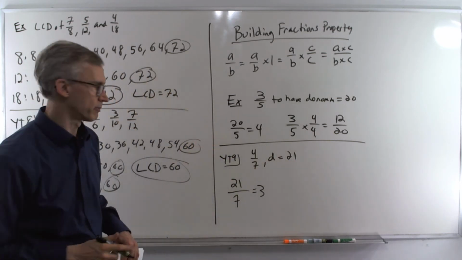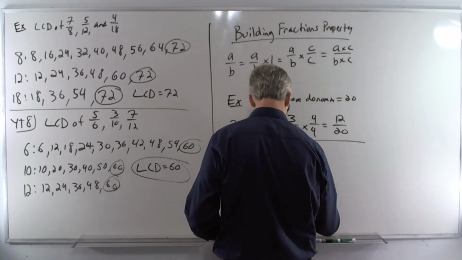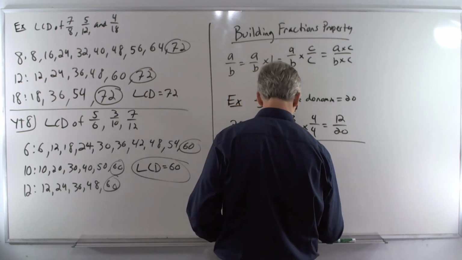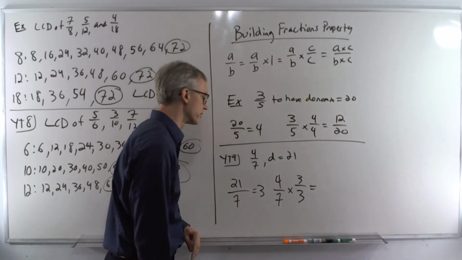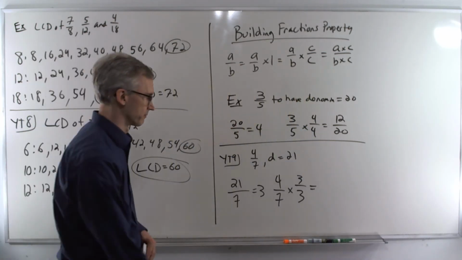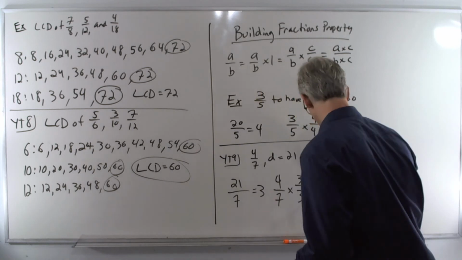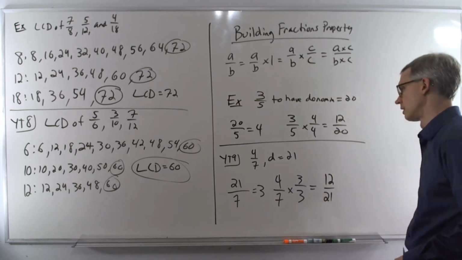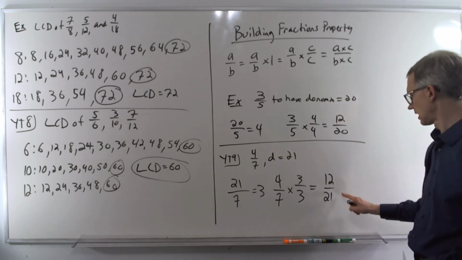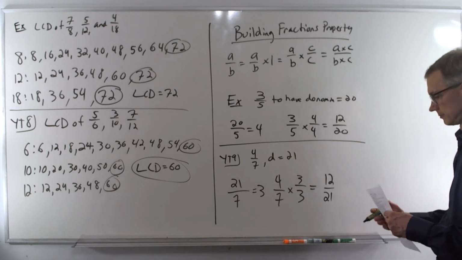So 3 is our multiplier. This works because multiplication and division are opposite operations. 4 times 3 is 12. 7 times 3 is 21. So 4/7 is the same as 12/21.